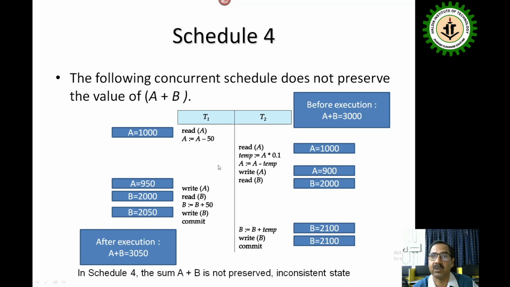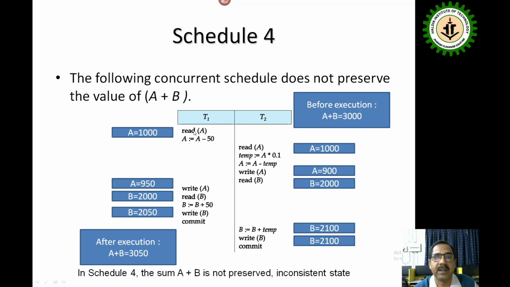So in this case, what will be happening? Considering the same set of assumptions, T1 and T2 are two transactions, A and B are two data items, the initial value of A is 1000, the initial value of B is 2000, and 50 rupees are transferred from account holder A to B by T1, and 10% of the balance is transferred from account holder A to B by T2.